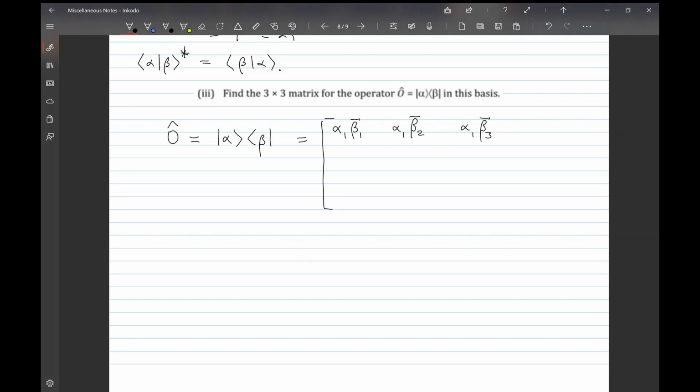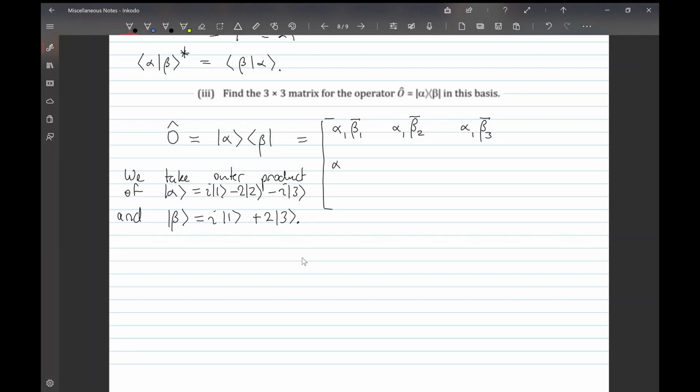So I might write down here, we take the outer product of alpha equals i1 minus 2, 2 minus i3 and beta equals i1 plus 2, 3, just so we don't get confused.